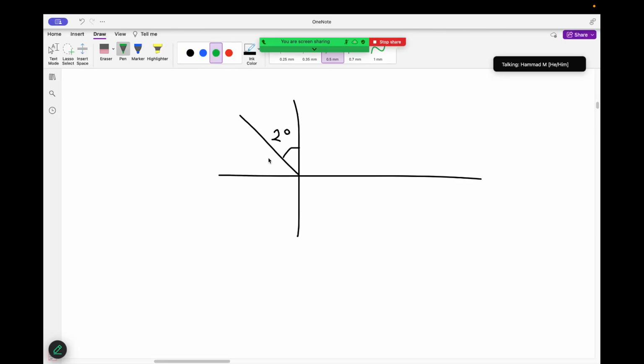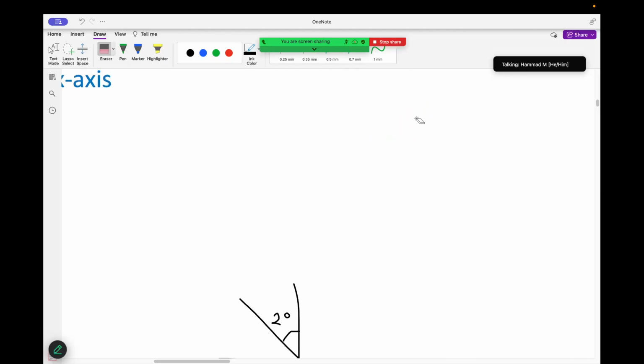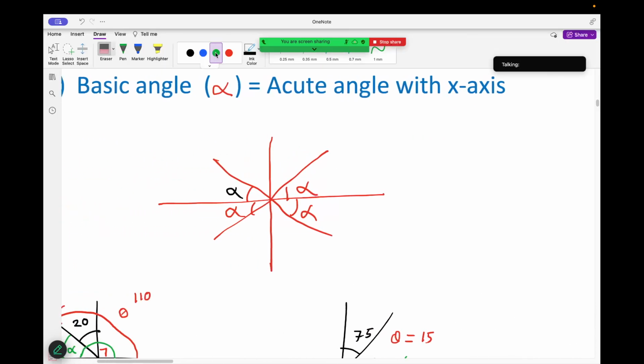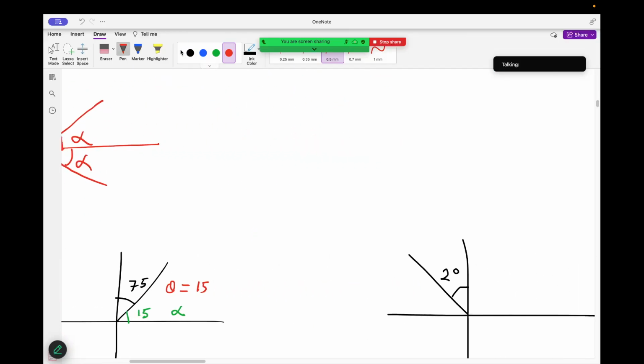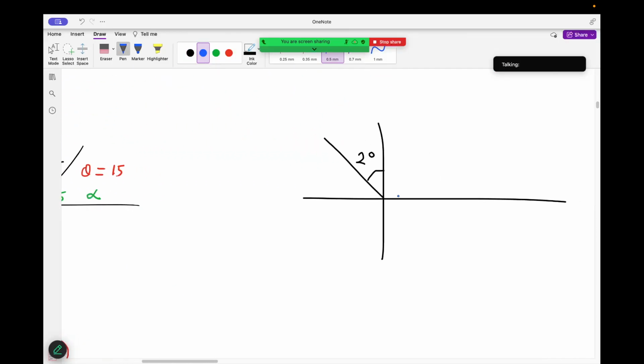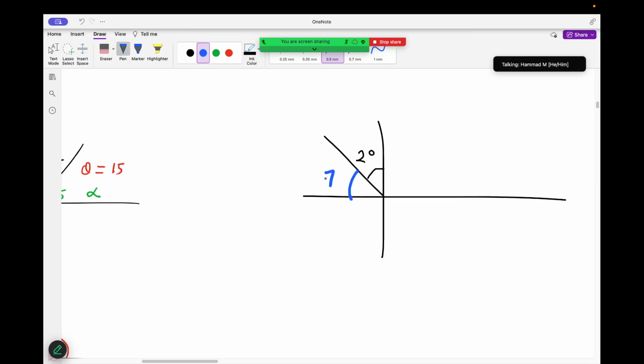Alpha is 88, and theta is 2. Alpha is 88 degrees.